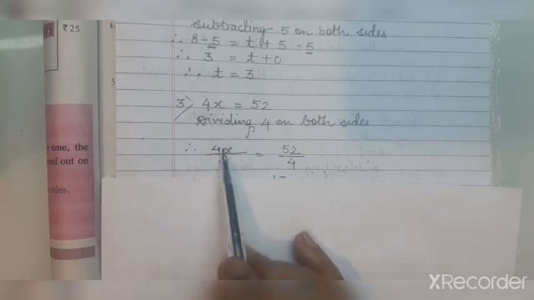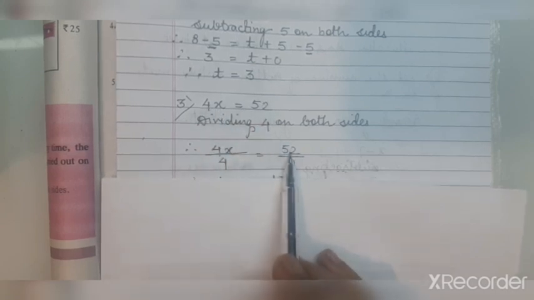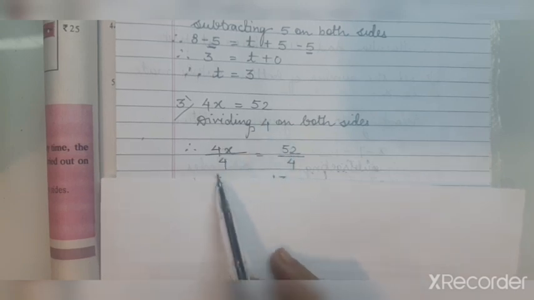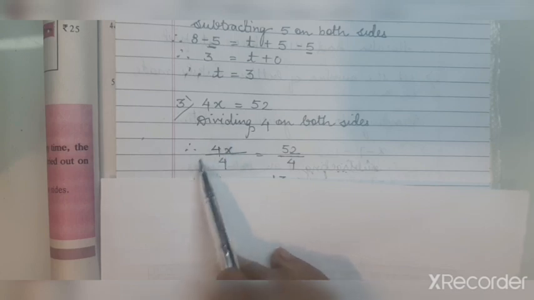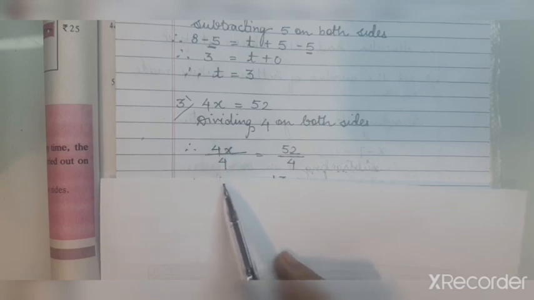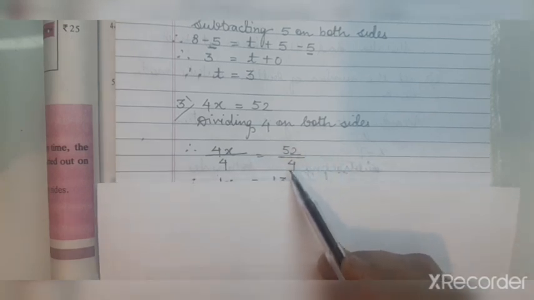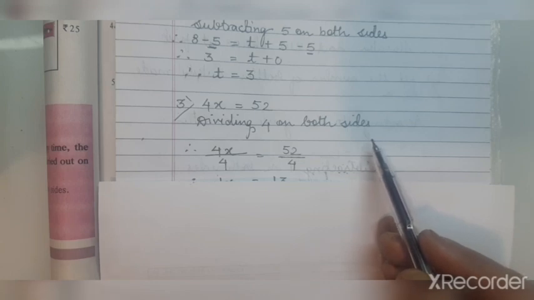So 4x upon 4 is written, equal to 52 upon 4. Now 4 in the numerator and 4 in the denominator get cancelled. 4 ones are 4, 4 ones are 4. So here we get 1x. If you don't know the table properly, you can do the calculation in the rough work.